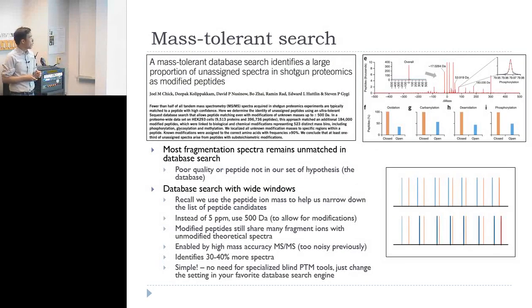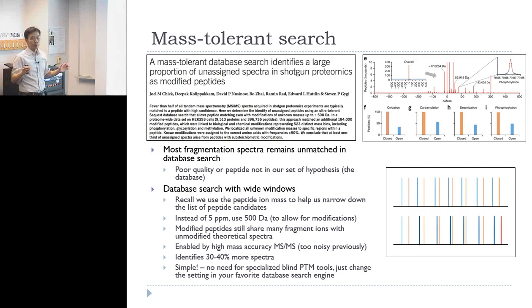So there's this thing called mass tolerant search. It's been around for a very long time, but people didn't really use it because the instruments weren't as accurate back in the days, and so the results that you were getting with mass tolerant search weren't that powerful. So in a mass spec experiment using these standard tools and databases, most of the spectra that you acquire remain unmatched.